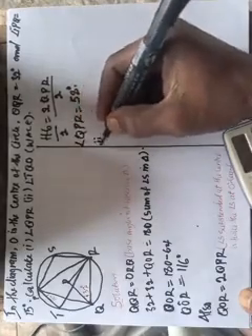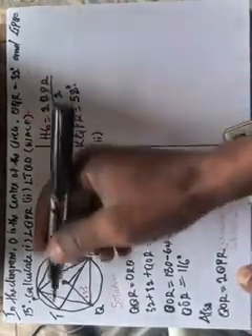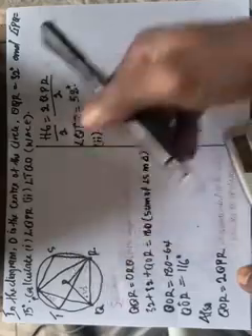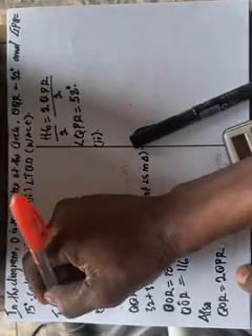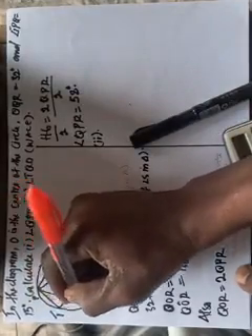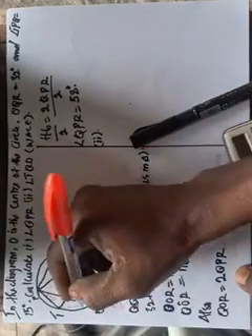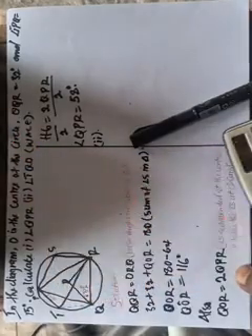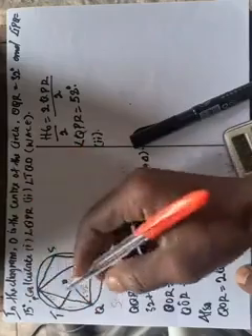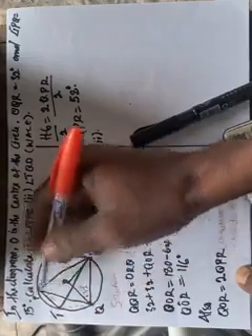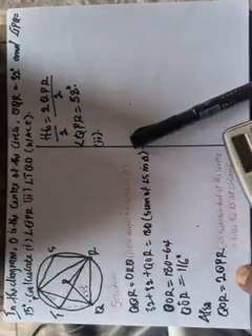Then for the second question, the question says we should calculate TQO. Now TQO is not subtending an angle, so we draw an imaginary line to show the angle. So this is the angle we are calculating for, from here to here. Now we already know this side to be 58, and if you look at TPRQ, you see that it's a quadrilateral in a circle, so it's a cyclic quadrilateral.